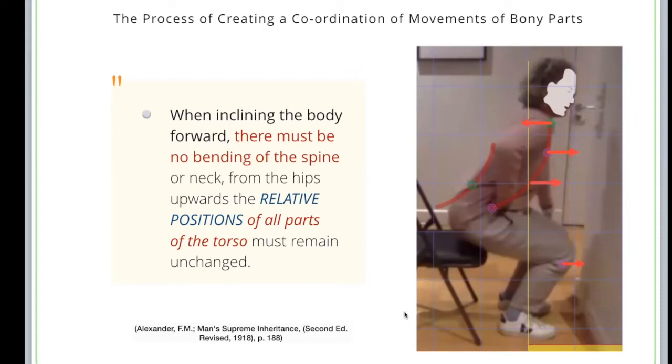So what does he mean by relative position? So there is the relative position of the parts between themselves, but also, as you've seen on all these images I take, there is always the same line and the same bar.